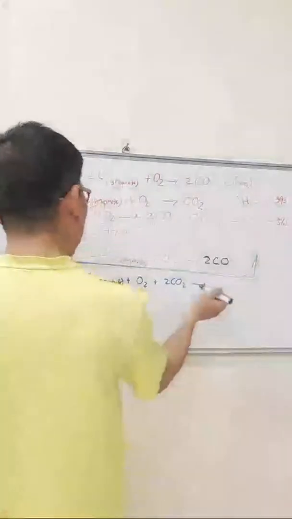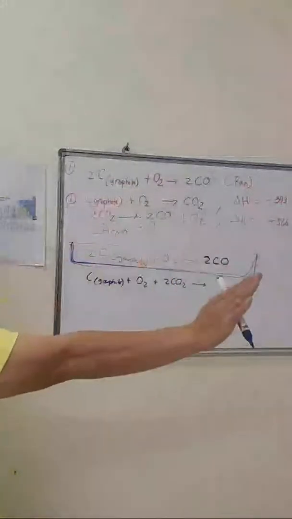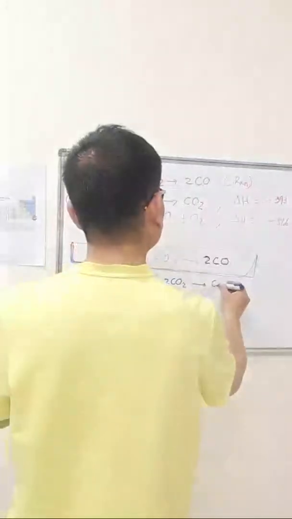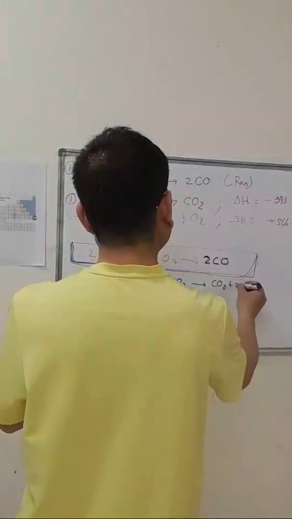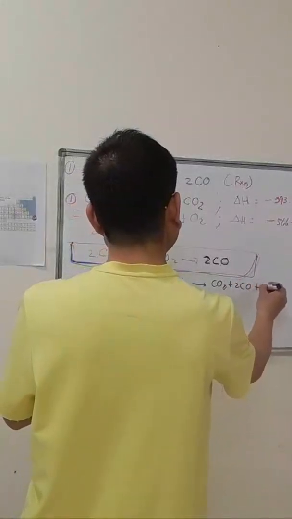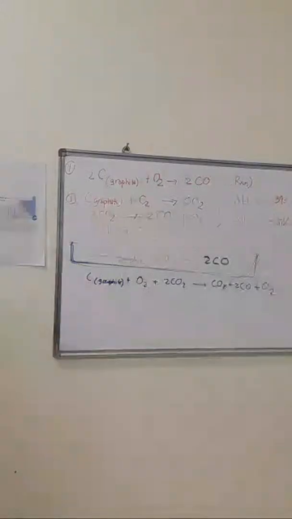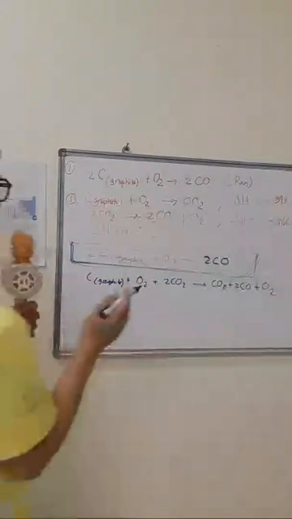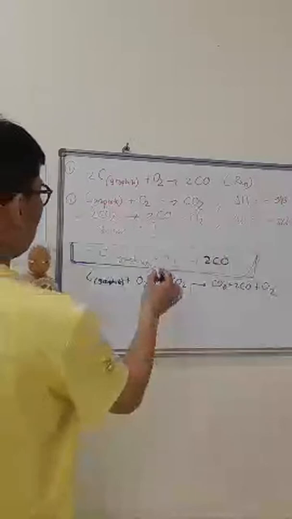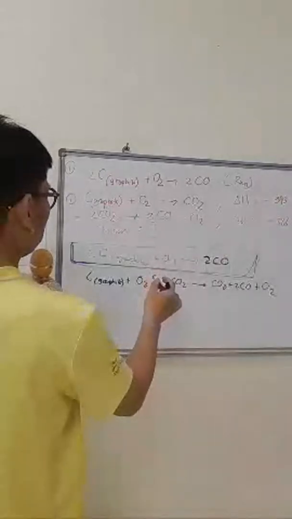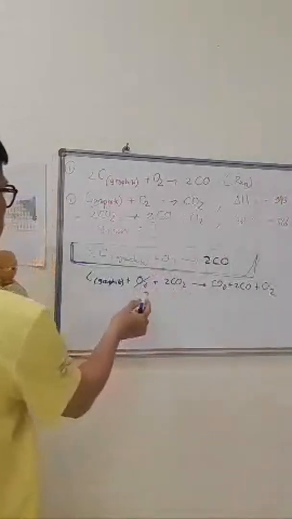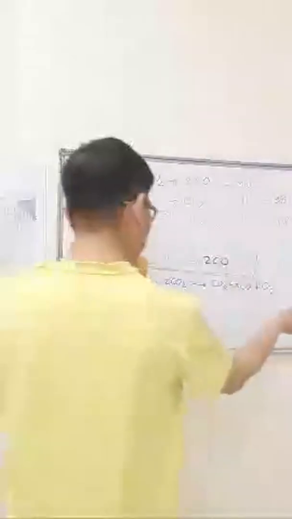So the technique is to add all the reactants, then add all the products. So CO2 plus 2 moles of carbon monoxide plus oxygen gas. Take note what will happen for the total. We can cancel the oxygen gas because it has the same mole, left and right.